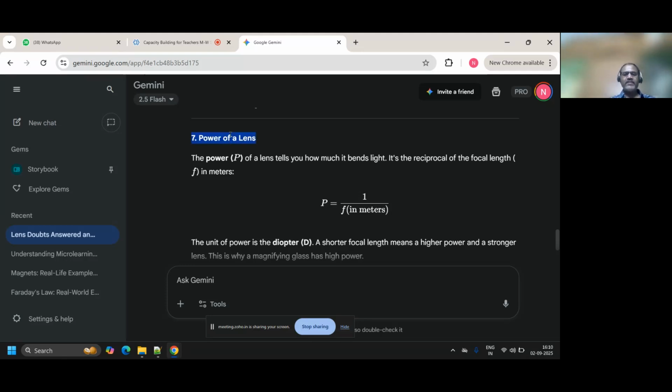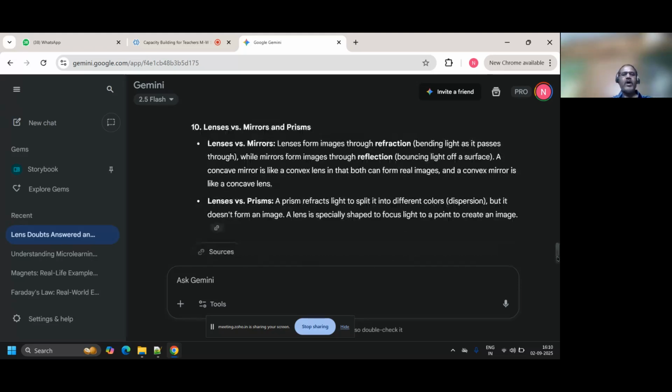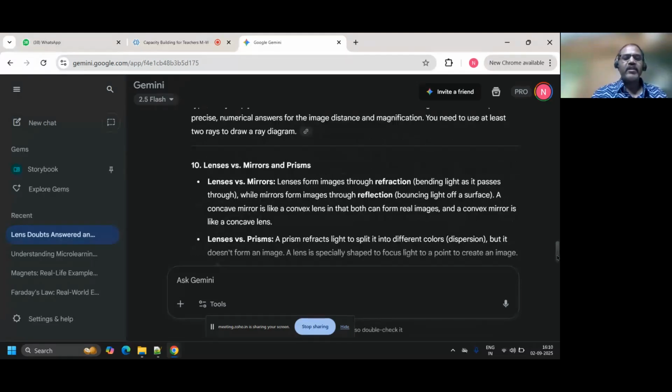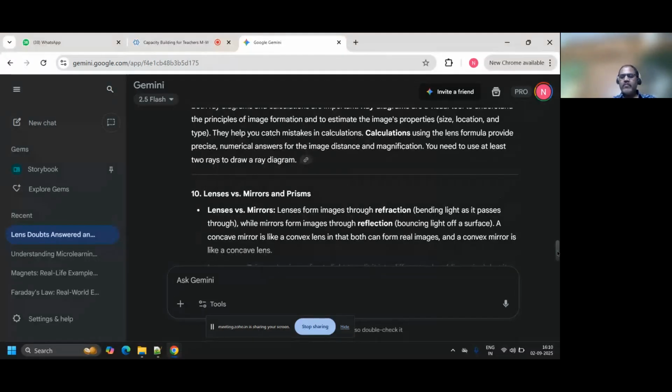If you answer these top 10, it is equal to answering all the 100 doubts that we have sent. This is one use of artificial intelligence in terms of reducing the burden of number of questions.